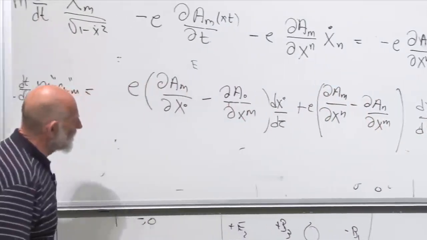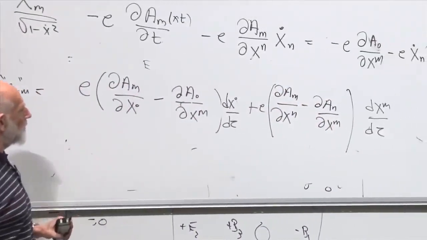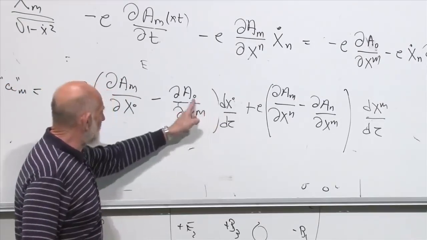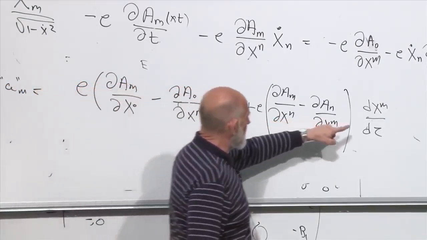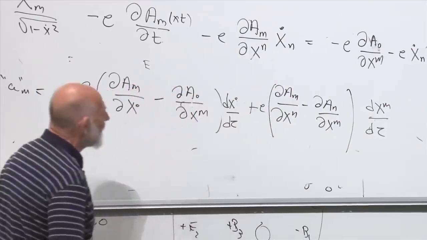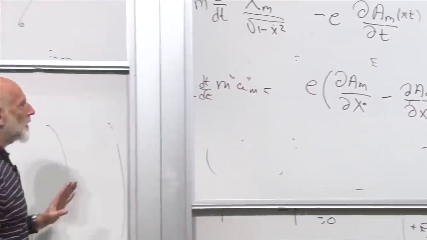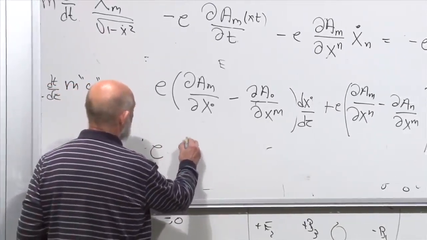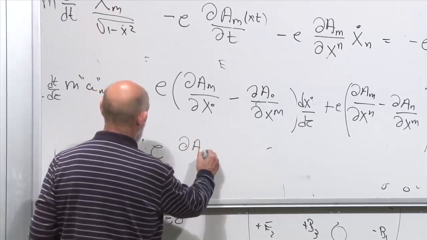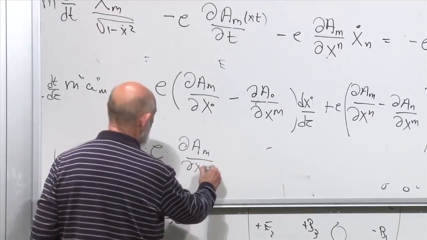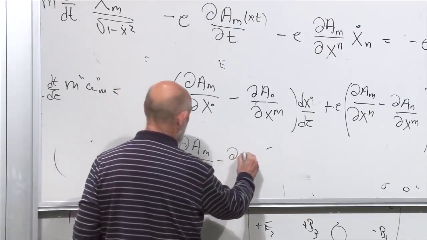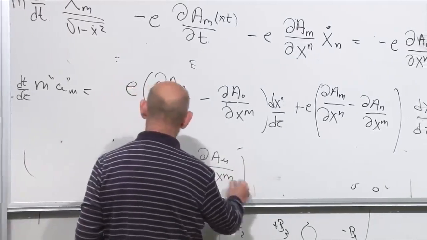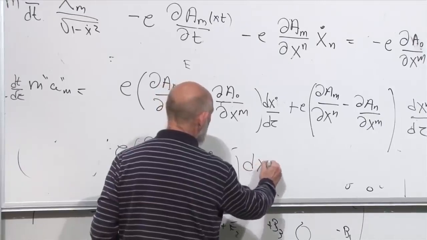Now look at these 2 terms. They have exactly the same form, but with a different index. Here the index is 0, 0. Here the index is m and n. This can all be summarized into a single term, E times the dA m by dx mu minus the dA mu by dx m, times dx mu by d tau.